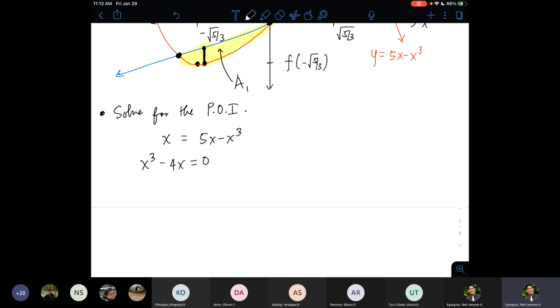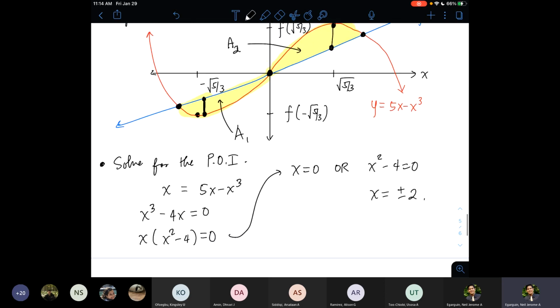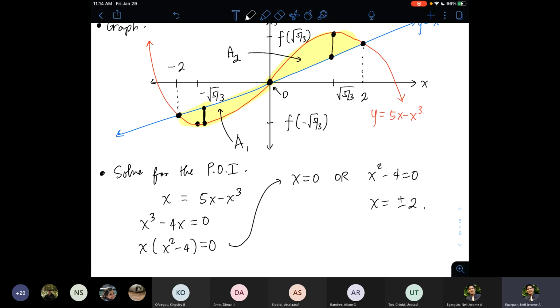Then I can factor this into x times (x squared minus 4) equals 0. Essentially, I'll have x equals 0 or x squared minus 4 equals 0, so x is equal to plus or minus 2. So the points of intersection happen when x is equal to 0 or plus or minus 2. So this is minus 2, then that's 0, and this is equal to 2, right?